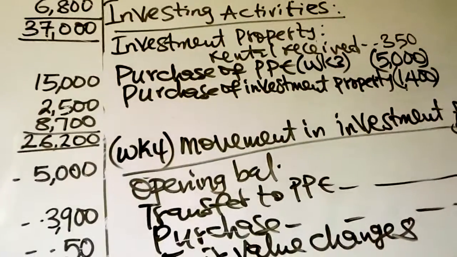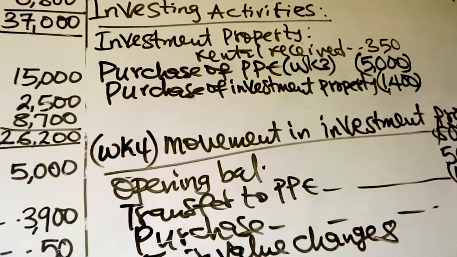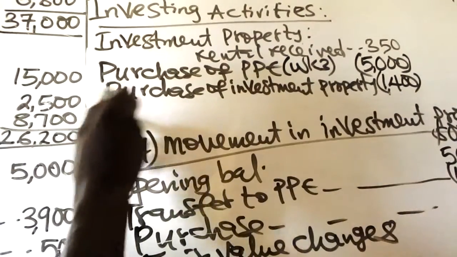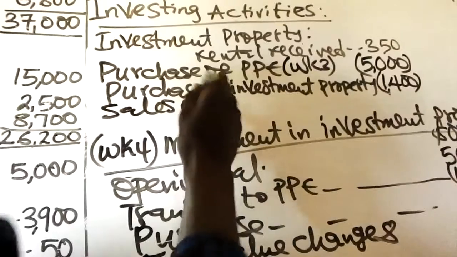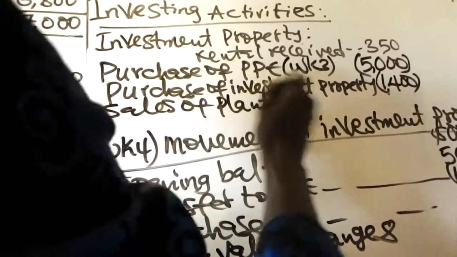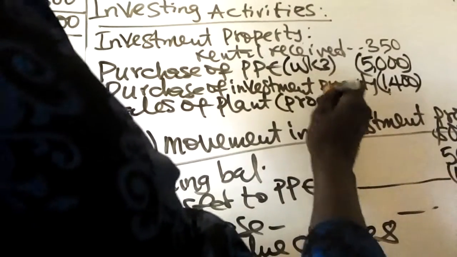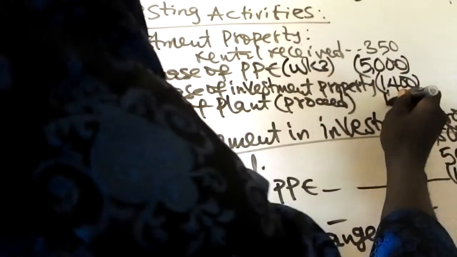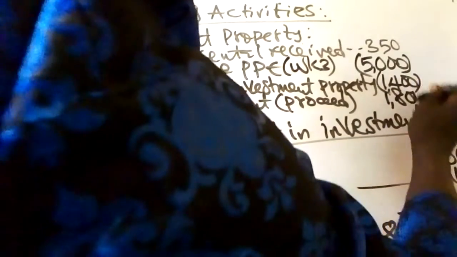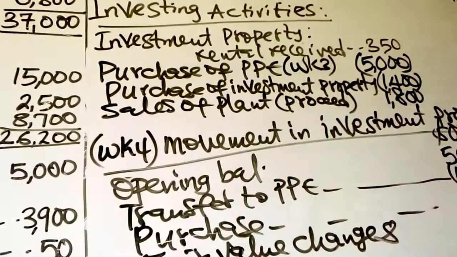So you have sales of plant. It is the proceed that we need to consider here, which is 1.8 million. When you sell plant, more cash will be received. So we've considered that. Then you cast.